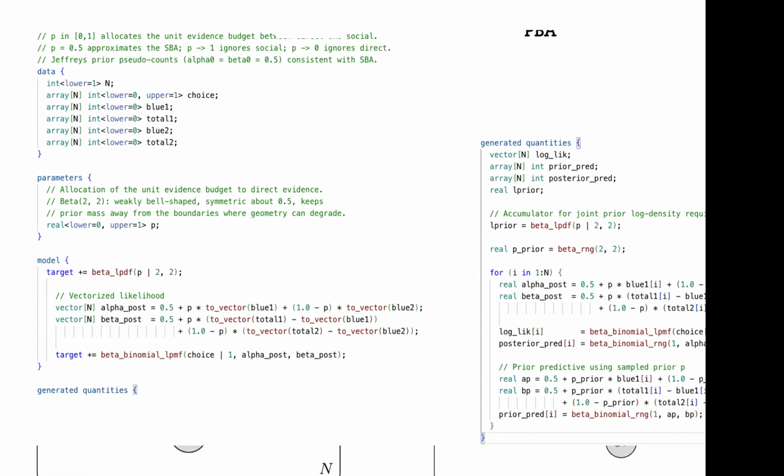This is the reparameterized weighted base, the PBA, as very clearly shown up there in the corner. Then what we say is that P is used to weight blue 1, and 1 minus P is used to weight blue 2, the second source of evidence.